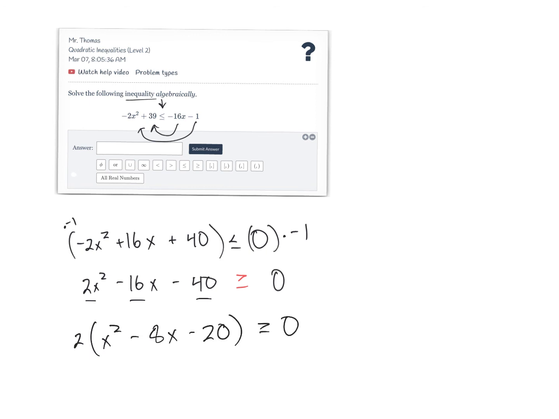And then 2 is in front, and the inside can be factored to x minus 10, x plus 2 greater than or equal to 0. So here we are. We factored it, and now we can graph it.